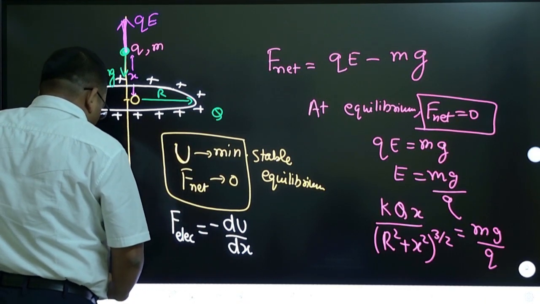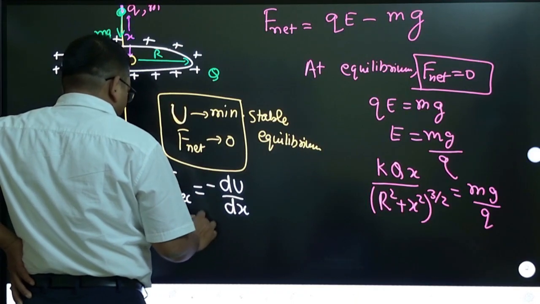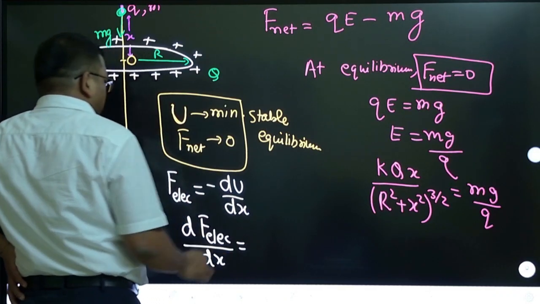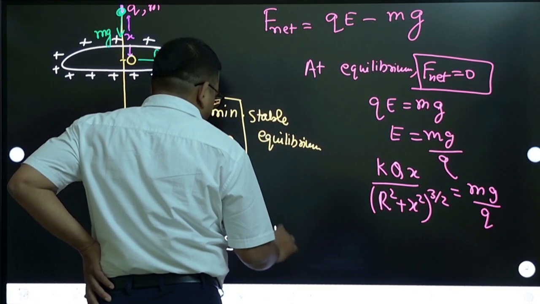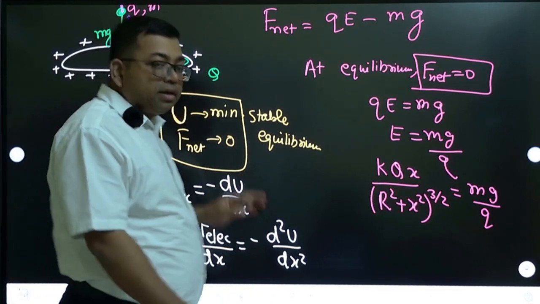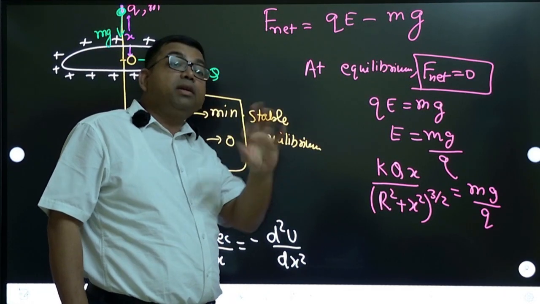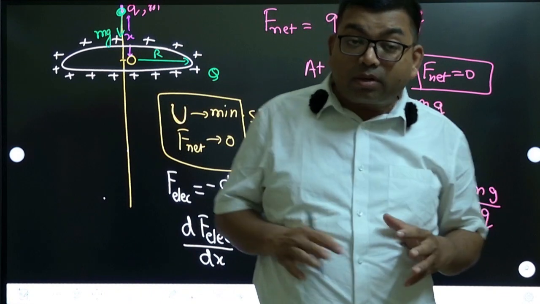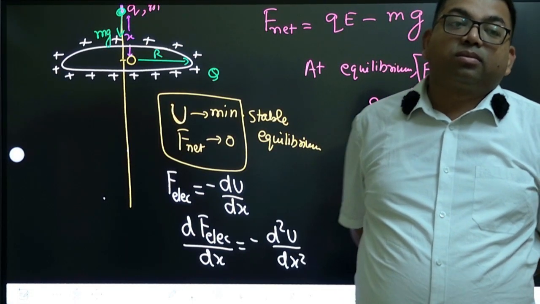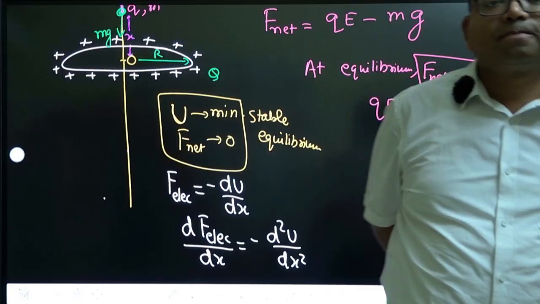Also note that if I differentiate this with respect to x, it will become minus d square U by dx square. And note that potential energy has to be minimum. So when potential energy has to be minimum, tell me what will be the sign of the double differentiation? If a function has to be minimum, what should be the sign of the double differentiation?